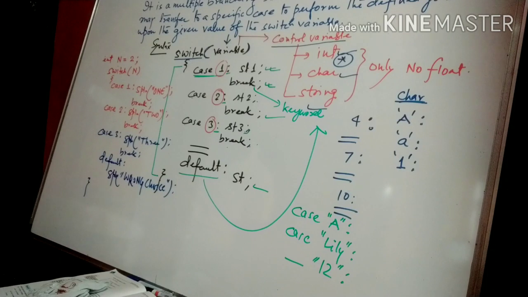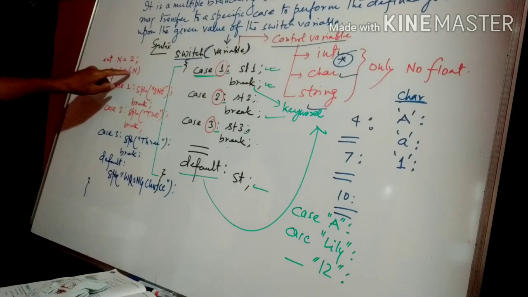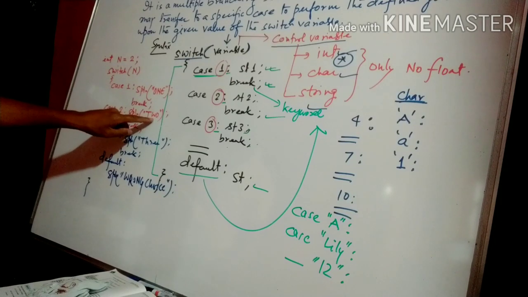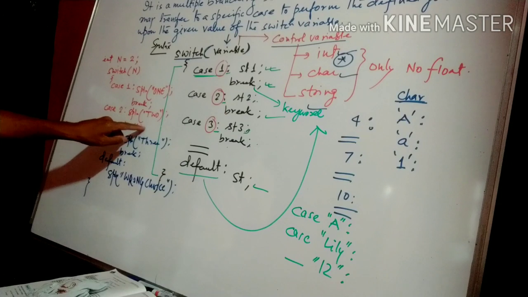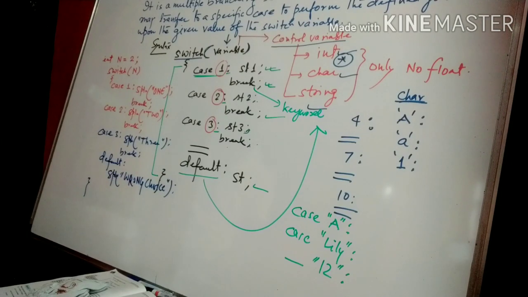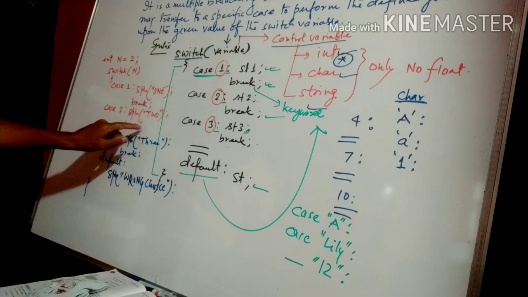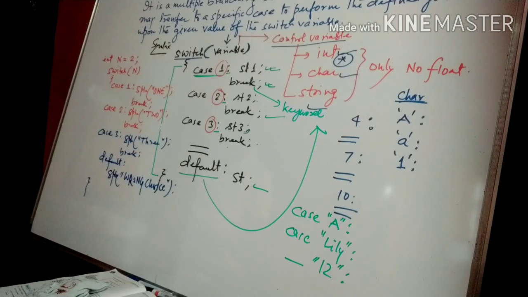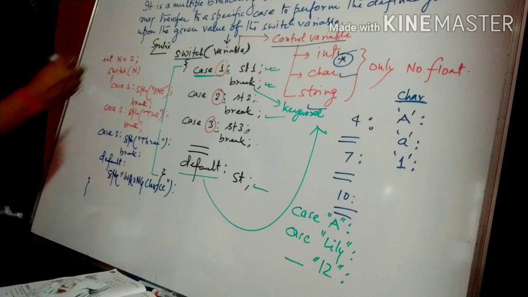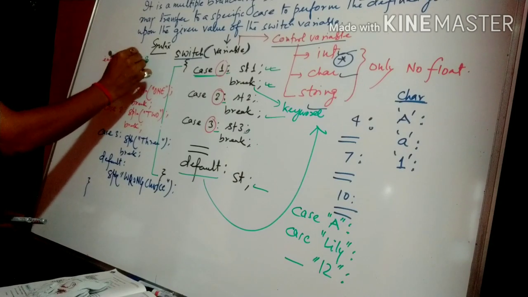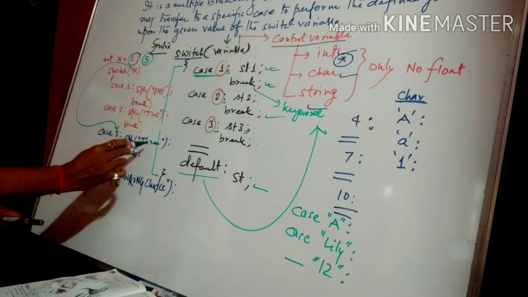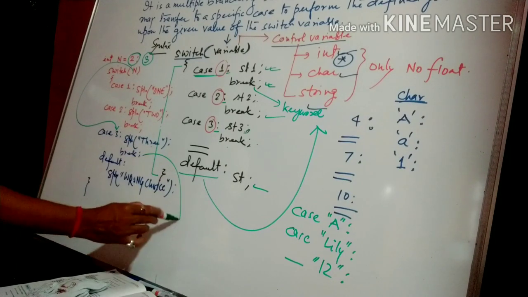Now children, the value of n is 2, so this n control will directly go to case 2 and it will print 2. Break will exit from this part. What is the use of break? It will skip all the other parts and exit from this block. Suppose I wrote here n equal to 3, then it will go to case 3, print 3 and break, exit from it.